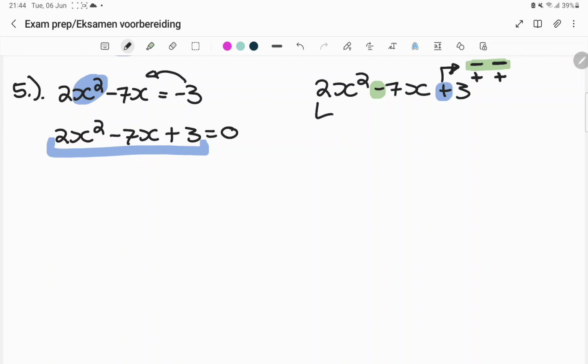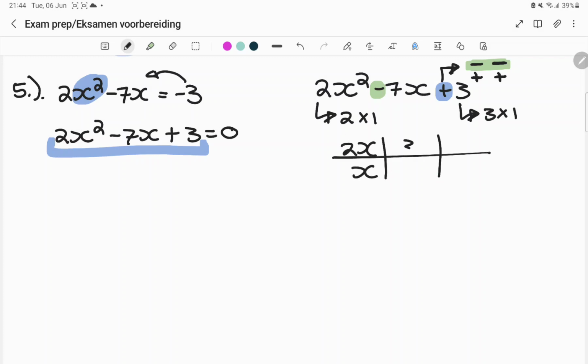Okay, now we go and get the factors of 2. The factors of 2 is 2 times 1. And the factors of 3 is 3 times 1. Okay, let's draw our table. So I'm going to have 2x and an x, and I'm going to have a 3 and a 1. Multiplying this together, I have 2x times 1, which will give me 2x, and I have x times 3, which will give me 3x.